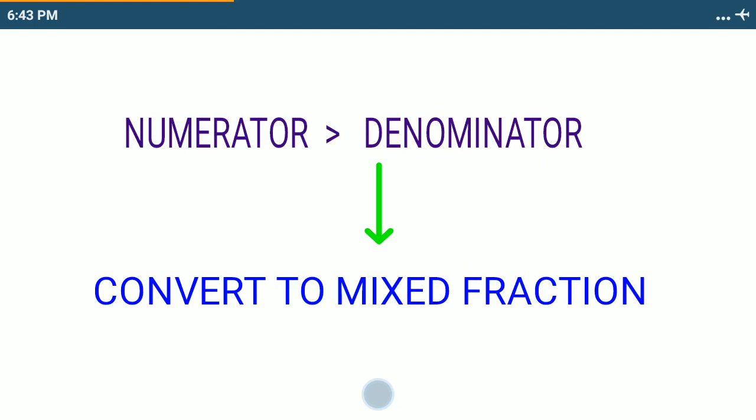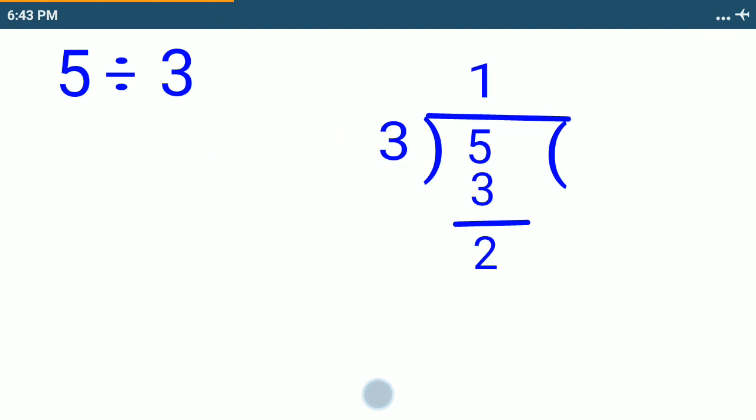Students, you would have learned this in your earlier classes, but let me quickly show you how. We only have to divide 5 by 3. We get the quotient as 1 and the remainder as 2.